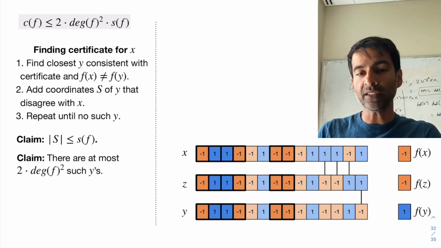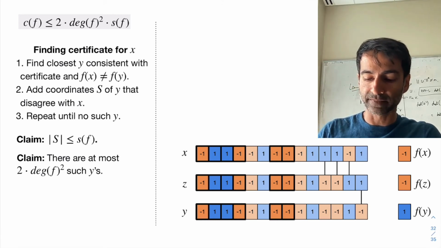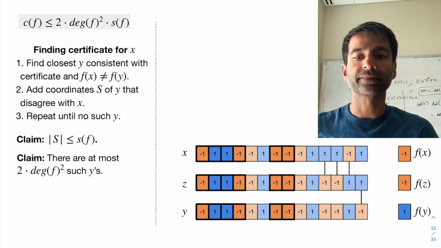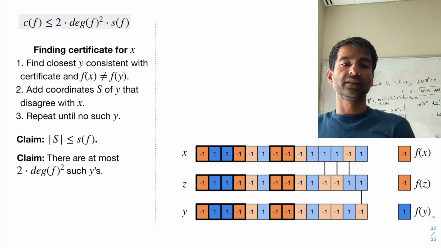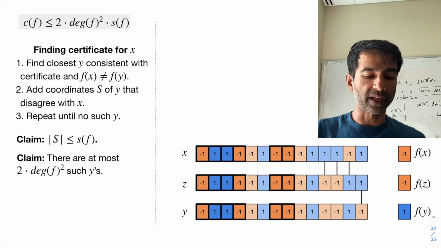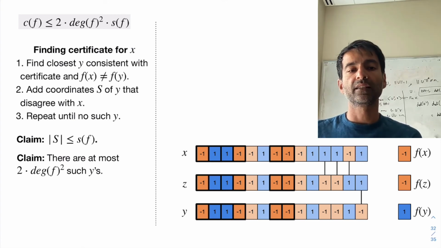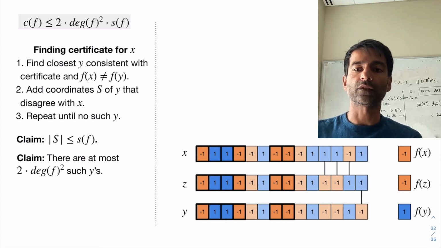And in the same way, we obtain that every one of these coordinates here, all of these coordinates, must be sensitive for y. And therefore, the number of coordinates where x and y disagree is bounded by the sensitivity of f at y, which can only be less than or equal to the sensitivity of f overall.